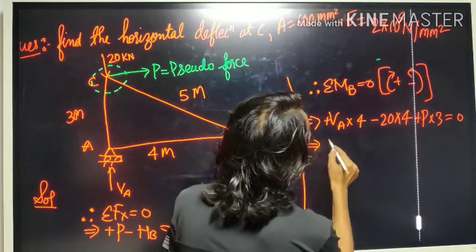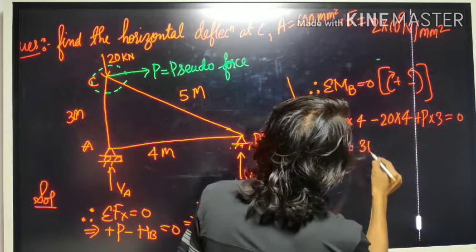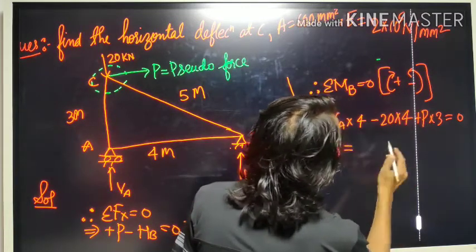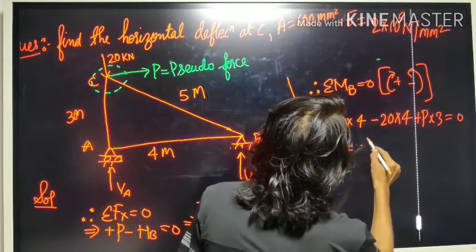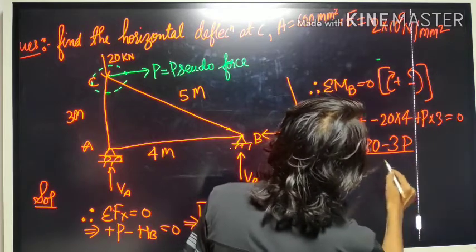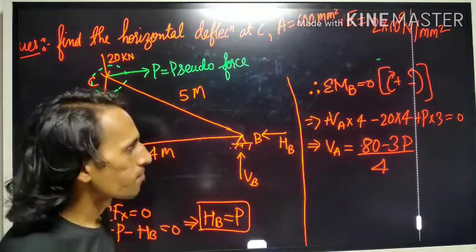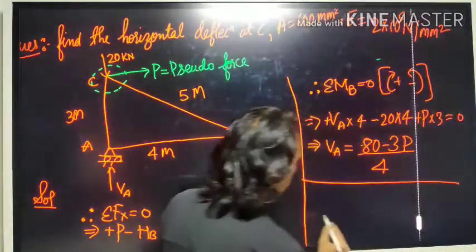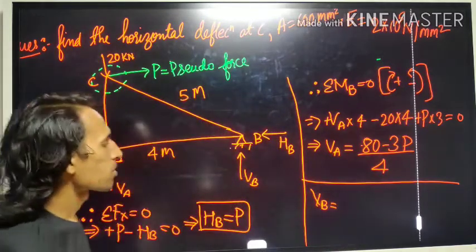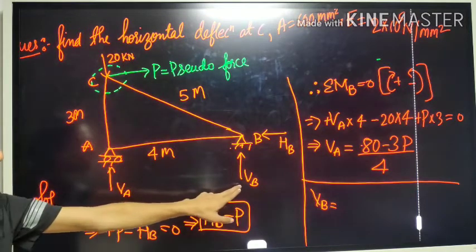Now you can calculate the value of VA. This will be 80 minus 3P divided by 4. So this is the value of VA. Then calculate the value of VB. How will we calculate it? The total vertical forces minus VA.